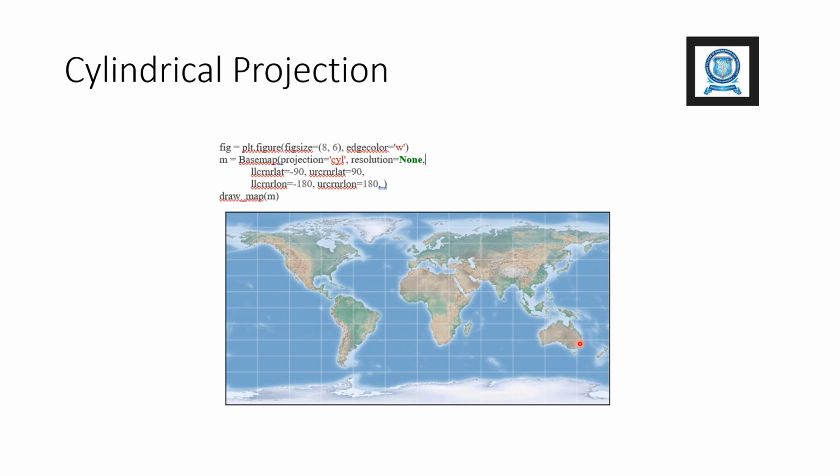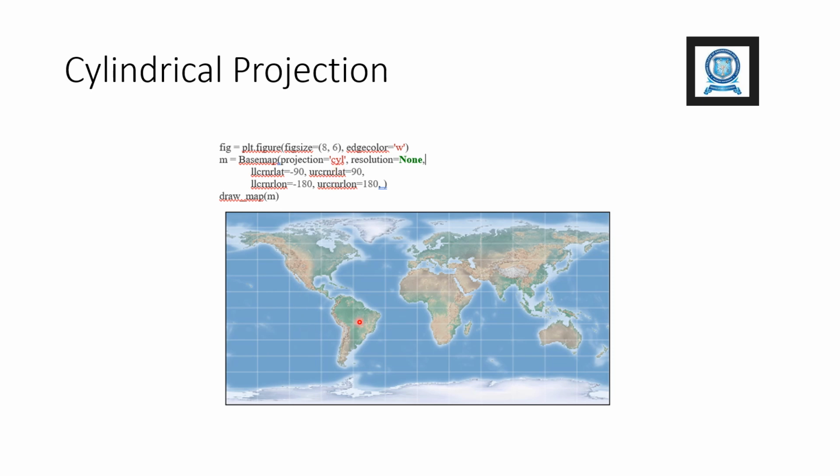The other cylindrical projections are Mercator, short form 'merc', and the cylindrical equal area projection, 'cea'. Instead of writing 'cyl', for Mercator projection you have to use 'merc', and for cylindrical equal area projection, you have to write within quotes 'cea'.